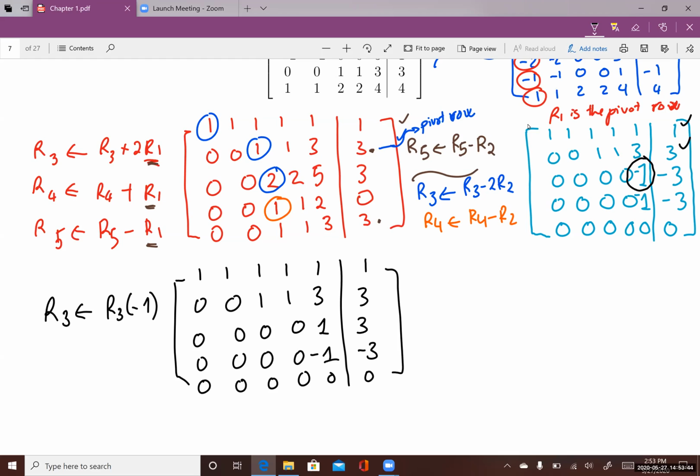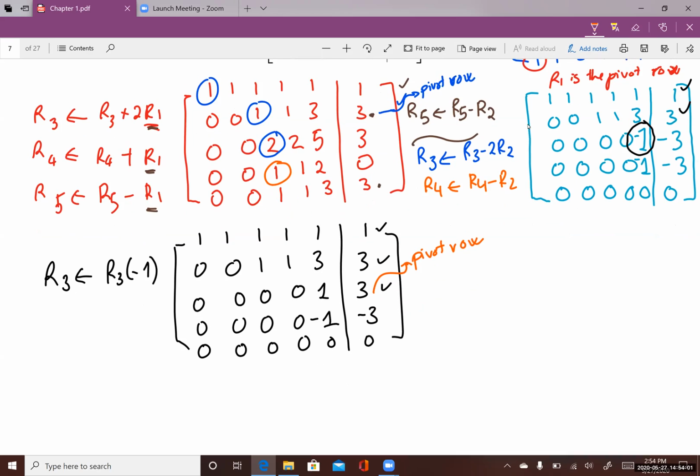Okay. And keep going. So the first row is good. The second row is good. The third row now is good. So now the third row is a pivot row. Okay. The third row is a pivot row, then you need to make sure that the fourth row has more leading 0 entries.